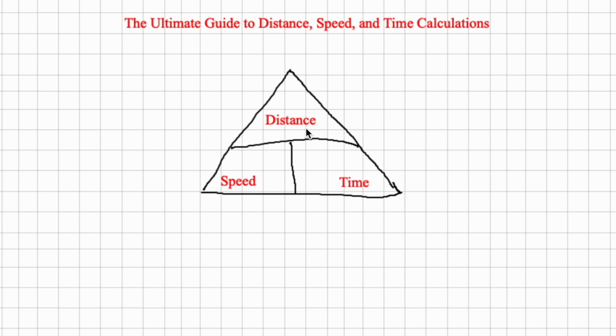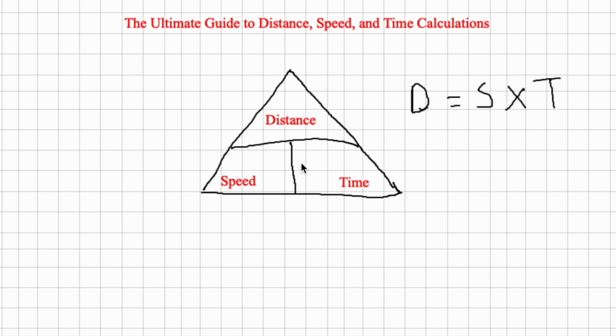If you look at this, you've got distance, speed, time. What it's saying is, to find distance, let's say d, all you need to do is times speed, s being speed, and t.